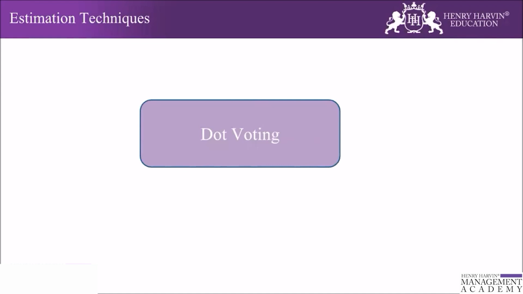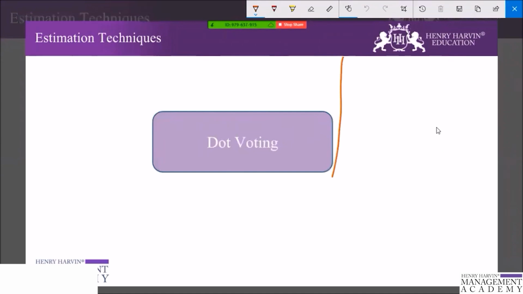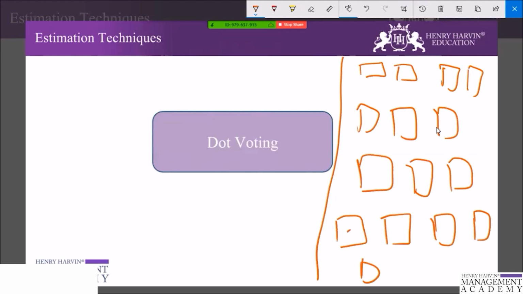So what will happen here is, say suppose this is a wall, and you have placed all the stories on this wall. These are the stickies on which some story has been written. It should look like some sticky with a story written on it, right?